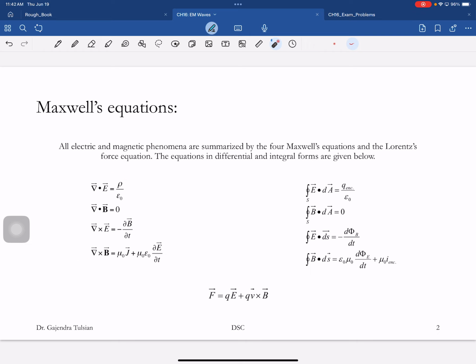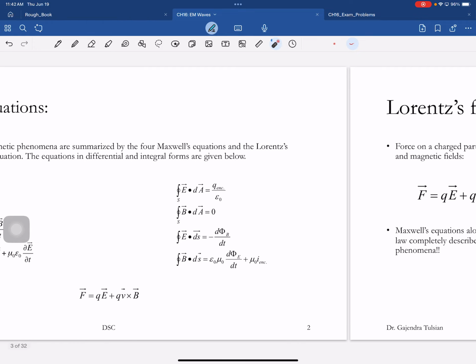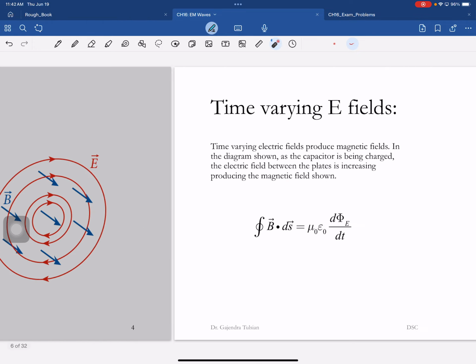And he's studying them in vacuum. So in vacuum, there's no charges, this term is zero. There's no currents, this term is zero. So he's studying what these equations are going to predict in vacuum. So we'll look at that.